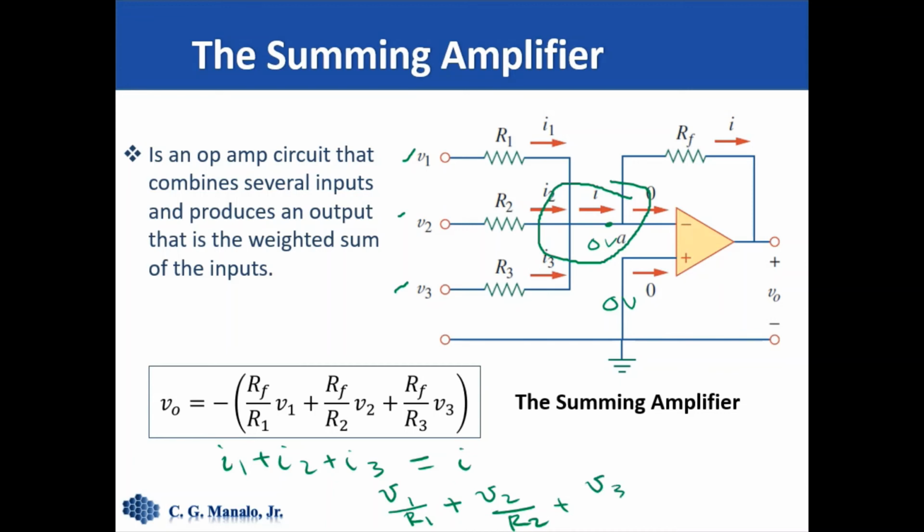I3 is V3 over R3. And I is 0 minus V naught, or negative V naught over RF. And solving for this one, that should give us this one.